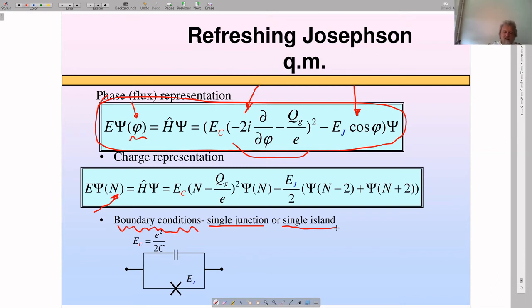The charge is quantized in an island, while it is not quantized in a junction. Right.